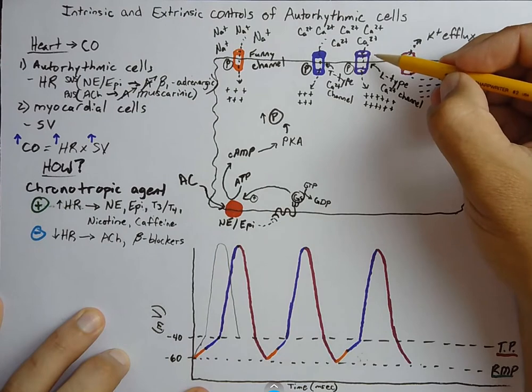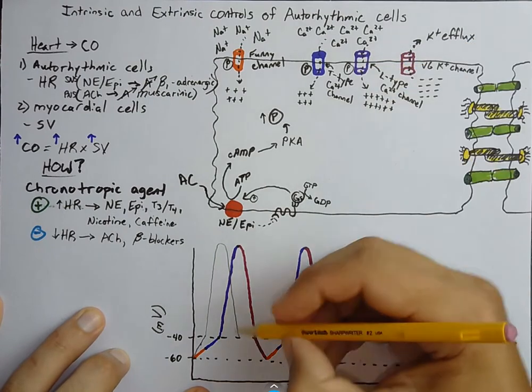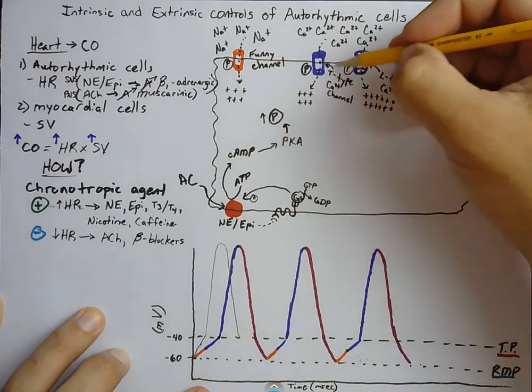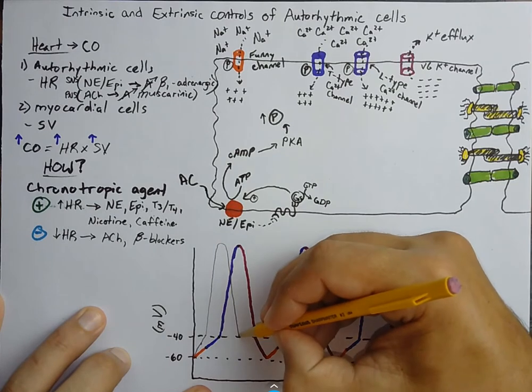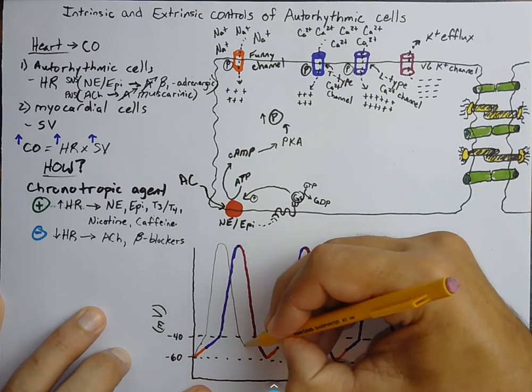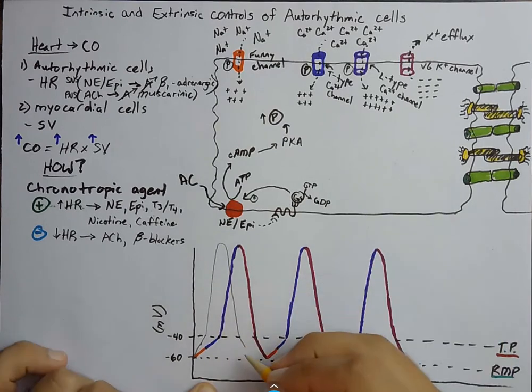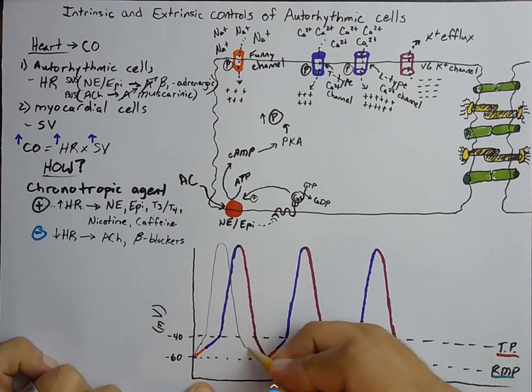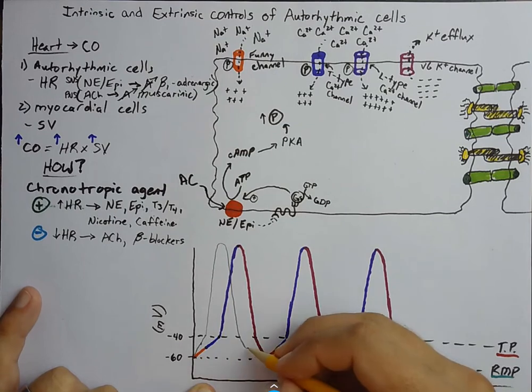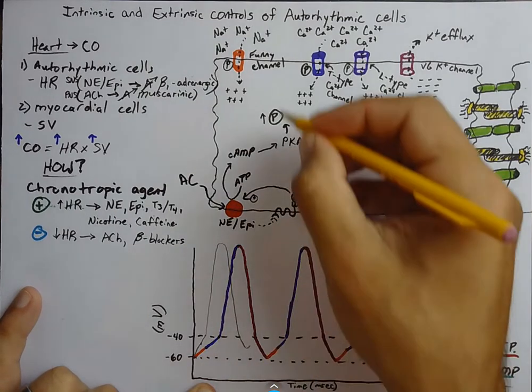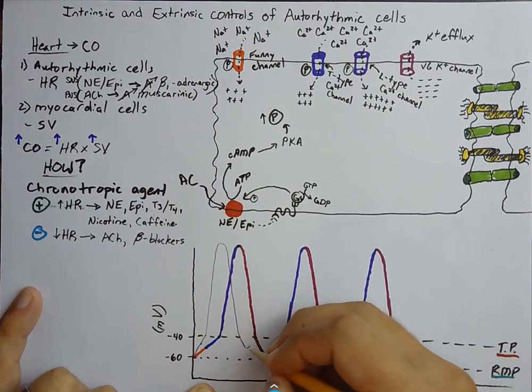Now, since the L-type calcium channel is also phosphorylated, and all of these things are leaking a little bit faster, what ends up happening is that this cell doesn't return to resting membrane potential. Instead, it's going to start to depolarize almost immediately. And that funny channel, much more rapid rate of depolarization.